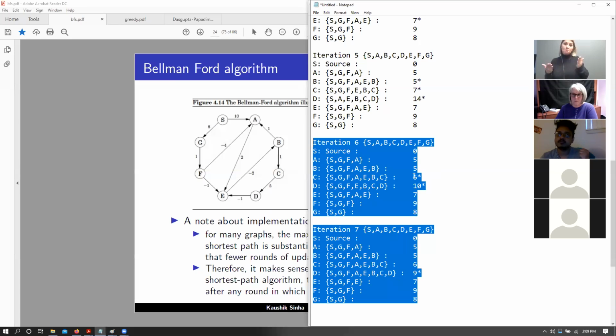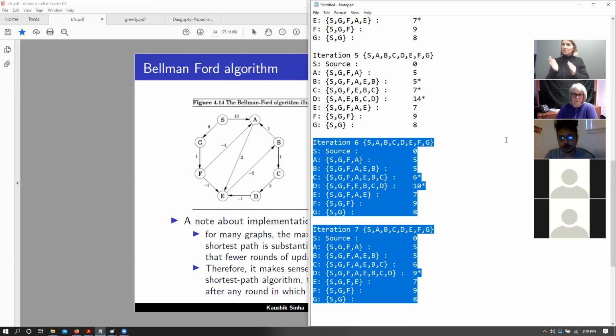That becomes helpful for graphs that have millions of vertices. That would mean that you would have to update your algorithm millions minus 1 times. But if you see that upon repeated updates there are no changes, then we don't need to run our algorithm again.